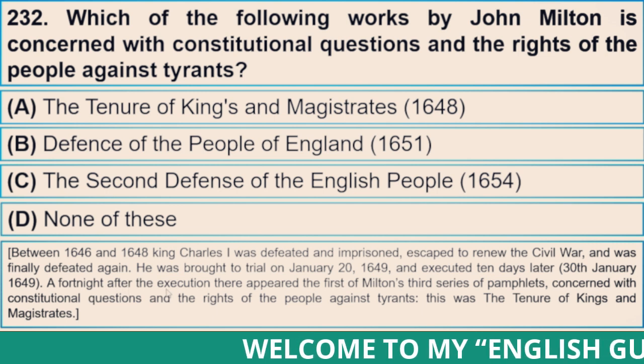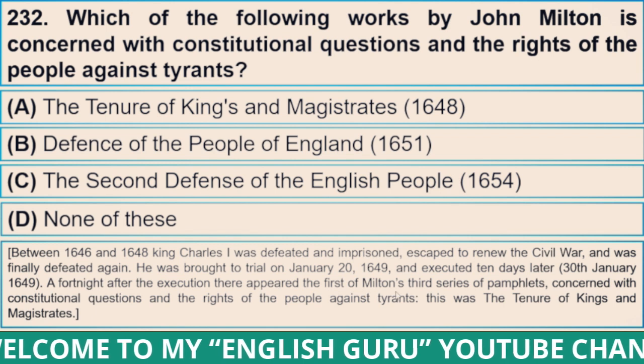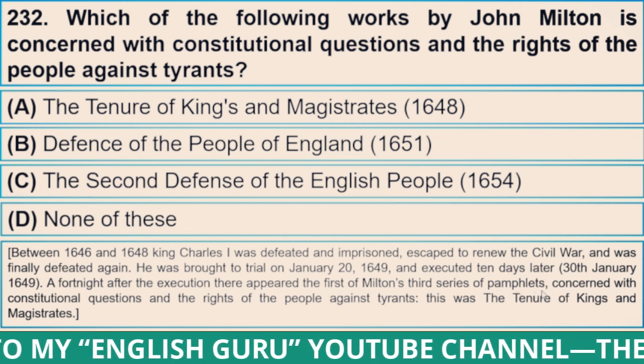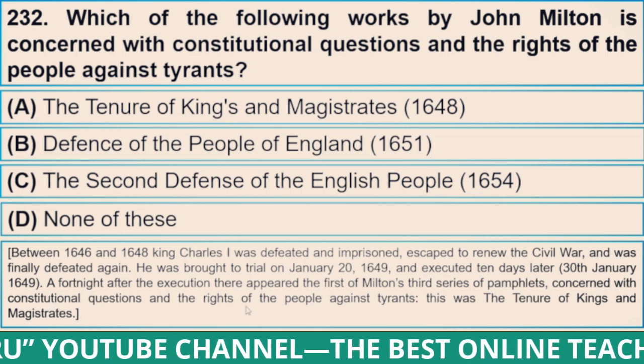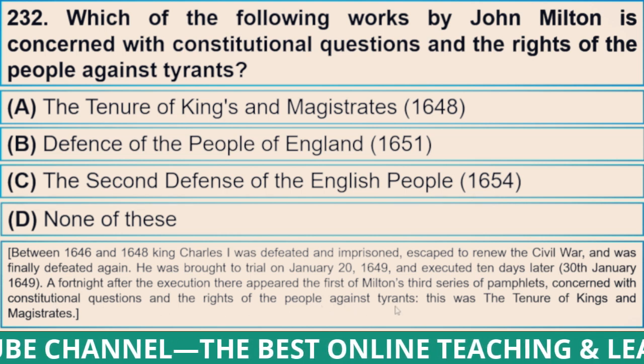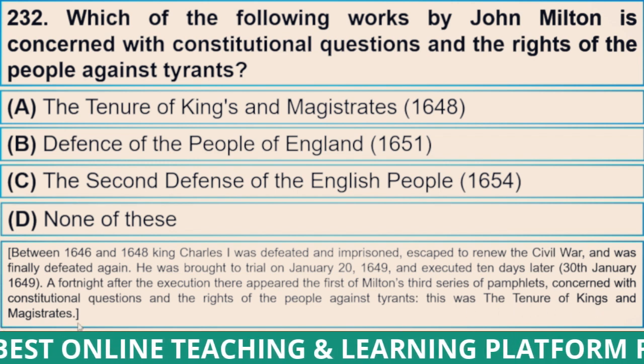A fortnight after the execution, there appeared the first of Milton's third series of pamphlets concerned with the constitutional questions and the rights of the people against tyrants. This was The Tenure of Kings and Magistrates.